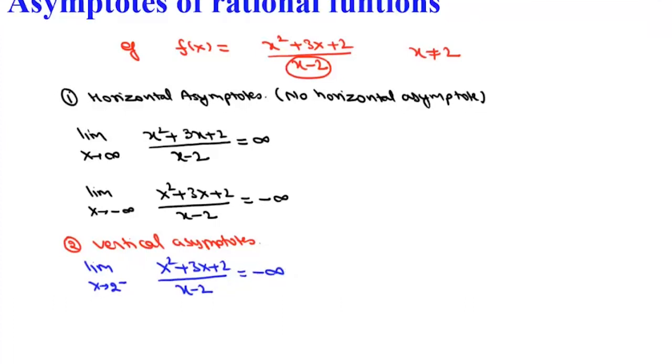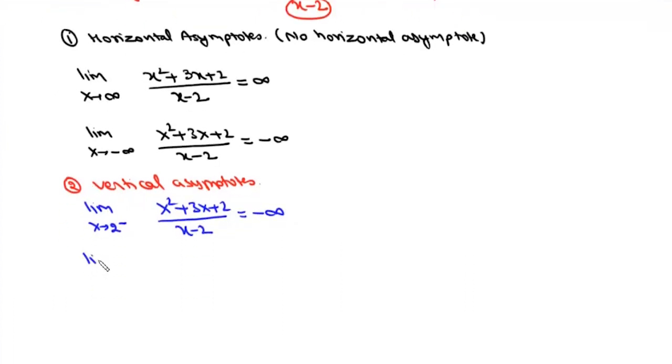And we find this limit, x tends to 2 positive, it will be (x square plus 3x plus 2) upon (x minus 2). Now in the neighborhood of 2, this numerator is positive and this is 2 plus h, so it will be h. So positive value upon h is simply plus infinity.